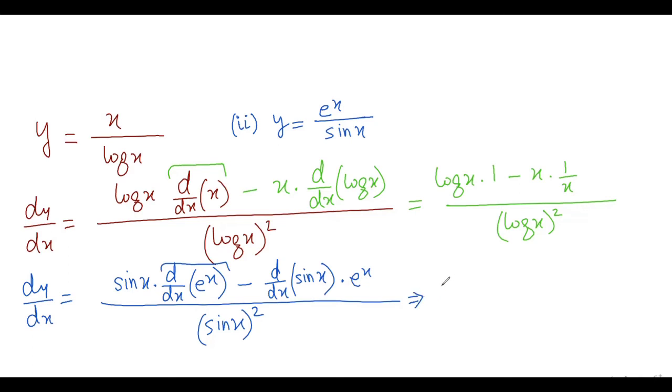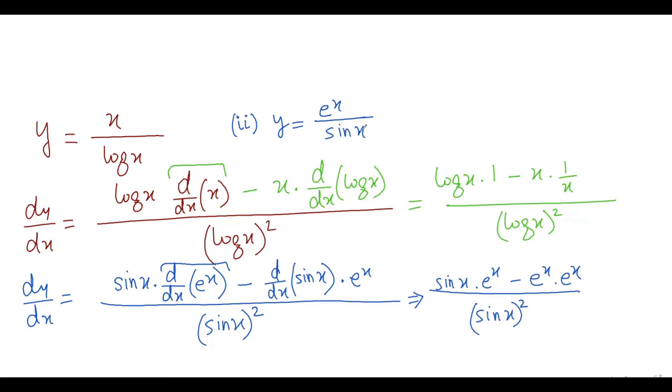So this would be sin x, x, minus x whole upon sin x ka whole square. Is it making sense? Yeah.